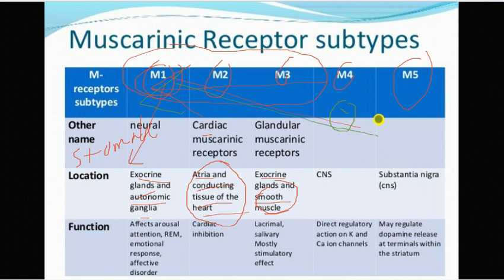That is pirenzepine, or gastrozepine, which leads to decreased acidity of the stomach. It is also used in ulcer. M4 is seen in the central nervous system. M5 is seen in the substantia nigra.